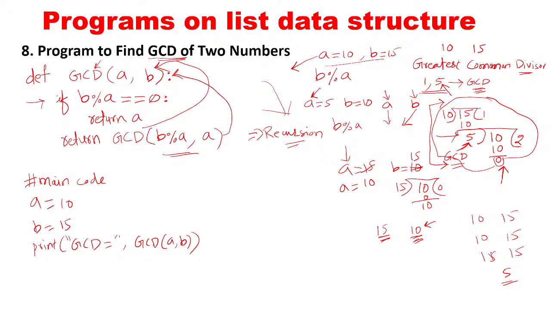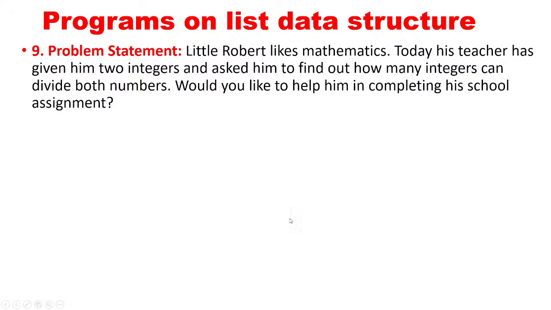One application of this GCD: in one company's exam, a problem was asked. Let us look at that code problem first and try to solve it. This is one of the problems given in competitive coding.